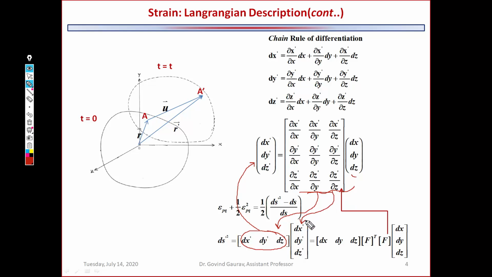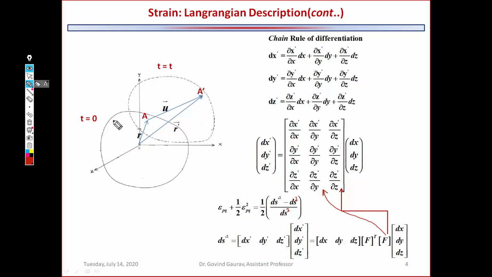Then finally we will get dx dy dz multiplied by the F matrix transpose, multiplied by the F matrix multiplied by dx dy and dz. So what is matrix F over here? This matrix is referred to as the F matrix.